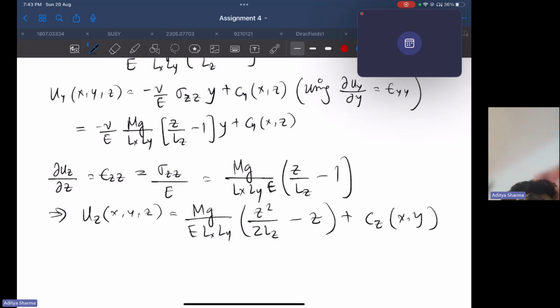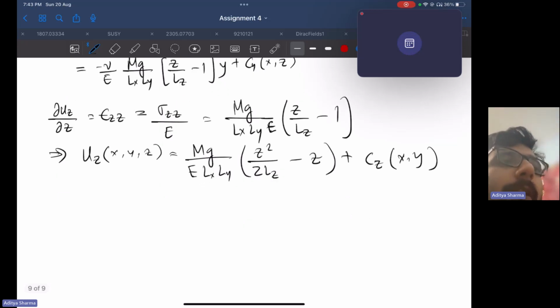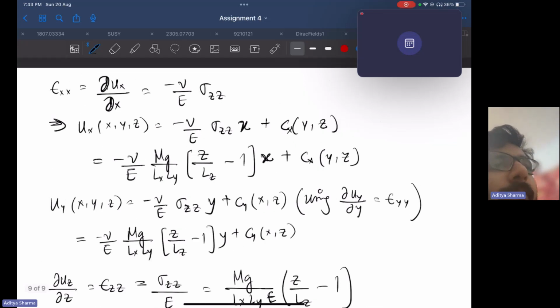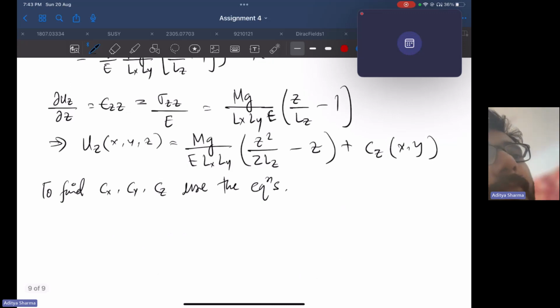Now we want to find what those constraints are, right? The way to find those constraints, Cx, Cy, Cz, is by looking at the equations epsilon ij equal to 0 for i not equal to j.